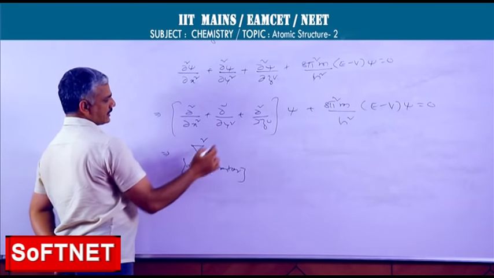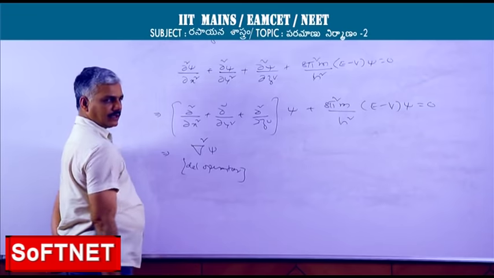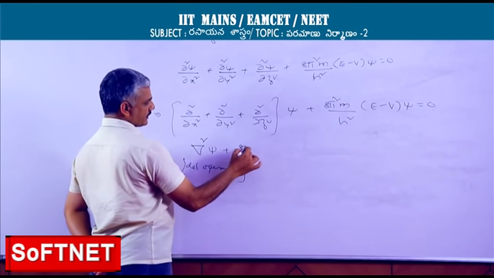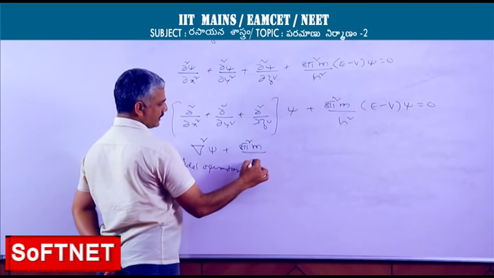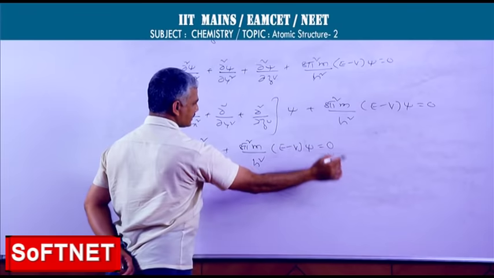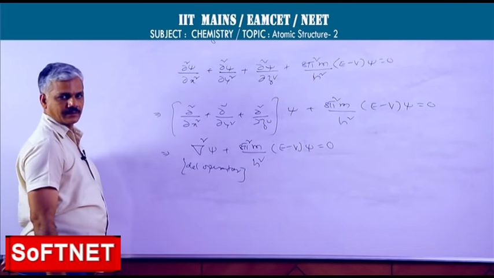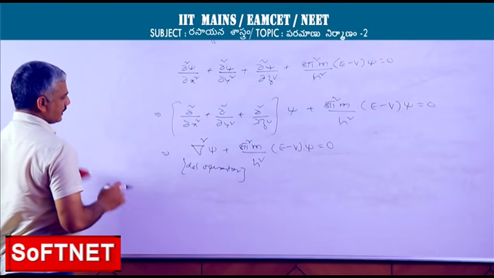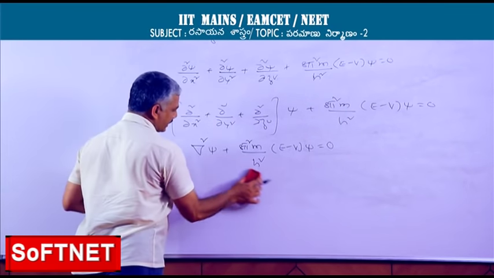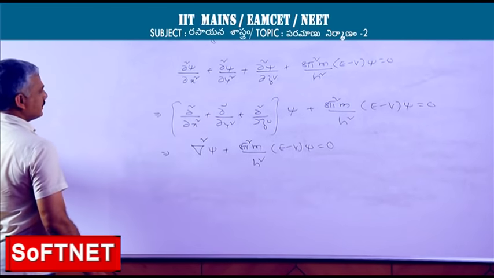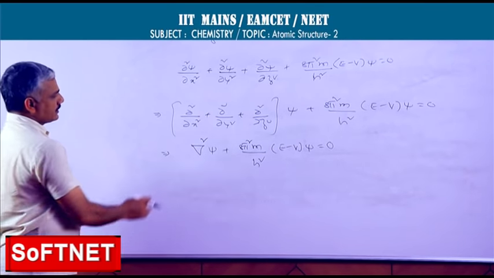So this equation can be represented simply as del square psi plus 8 pi square m by h square into (E minus V) into psi is equal to 0. Now this is a mathematical equation called a partial differential equation of order 2 with 3 variables.